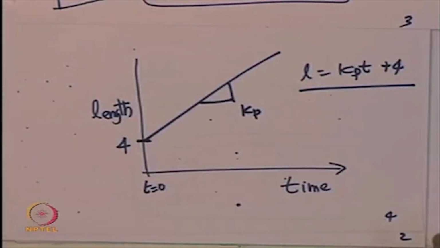Just like the equation dy by dx equal to m immediately gives you y is equal to mx plus c, which is the equation of a straight line, this is just like that.